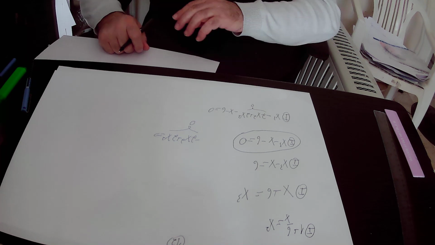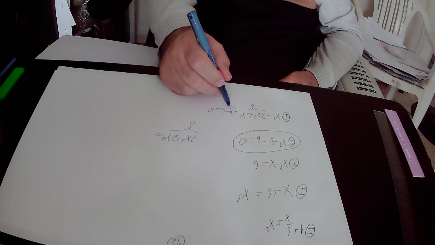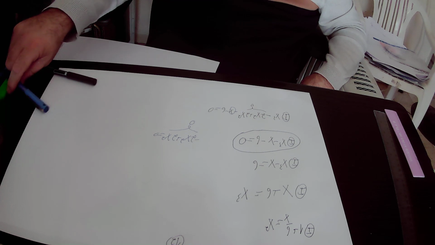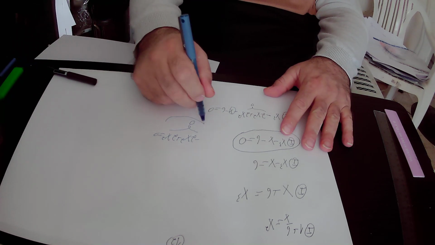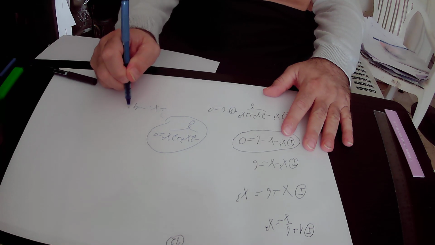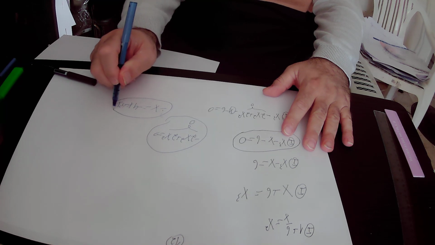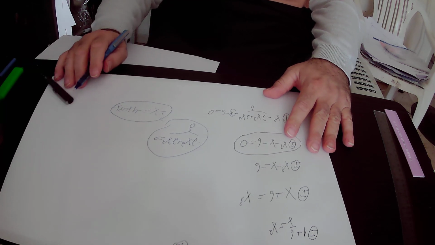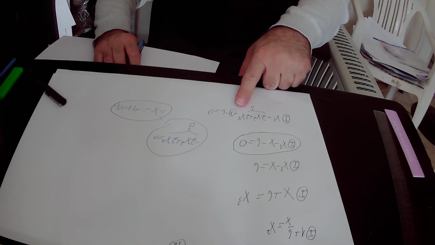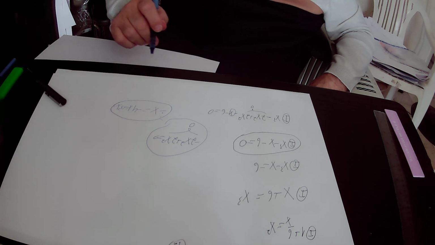Here we will substitute minus x. We know that minus x equals minus 4x plus 3x. So we will substitute minus x in this equation by minus 4x plus 3x, that equals minus x.